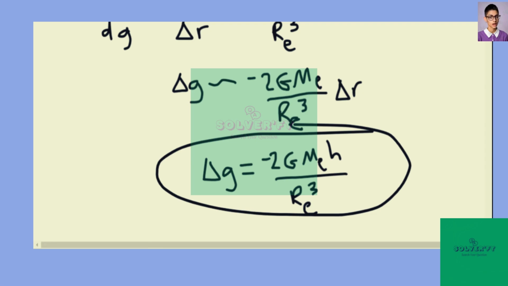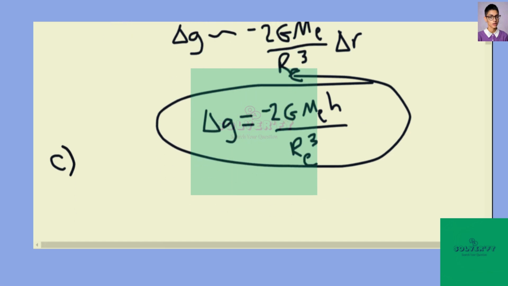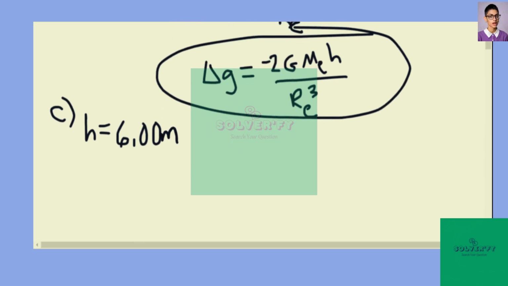In part C, if h is 6 meters, what is delta g? Well, let's just put numbers in here.